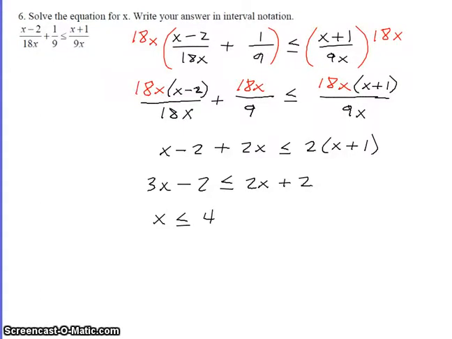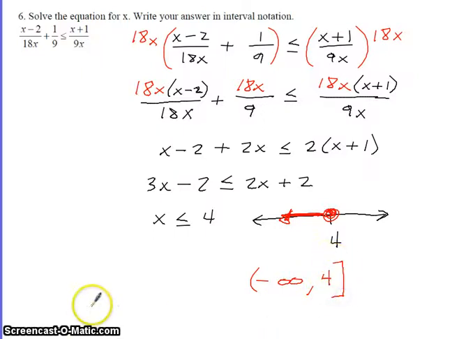Okay, so I've shown you here how to find the inequality that represents the solution set, and what that means is all the x values that are less than or equal to 4, which means everything in this direction. In interval notation, that would represent every value from negative infinity all the way up until 4, and you include the 4.